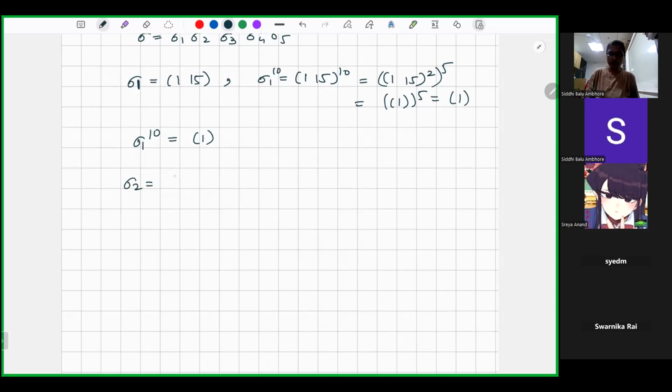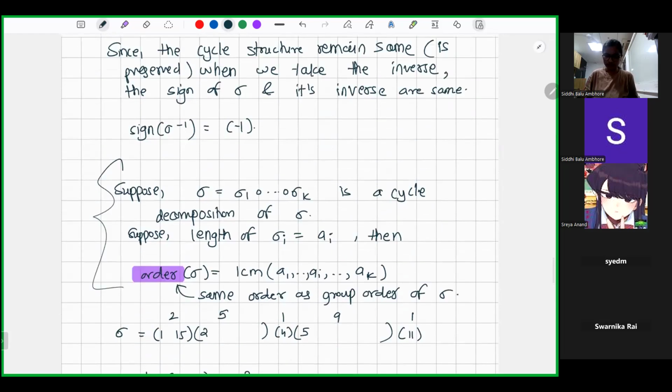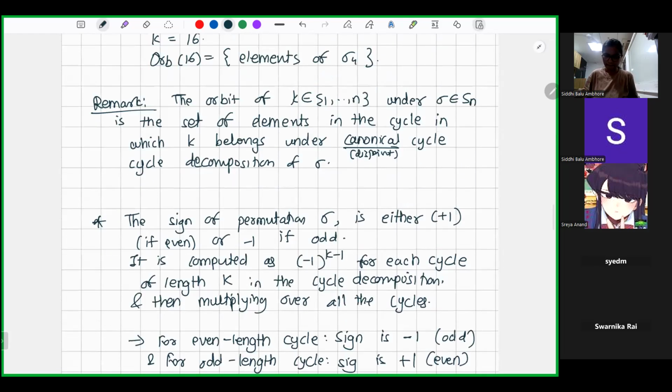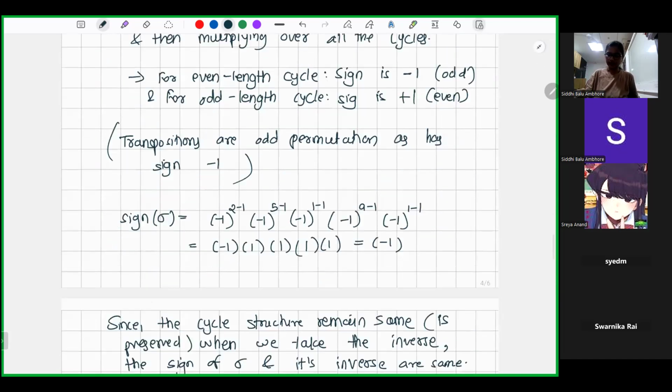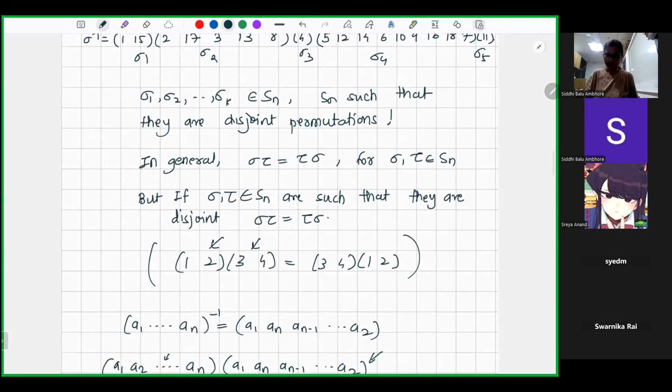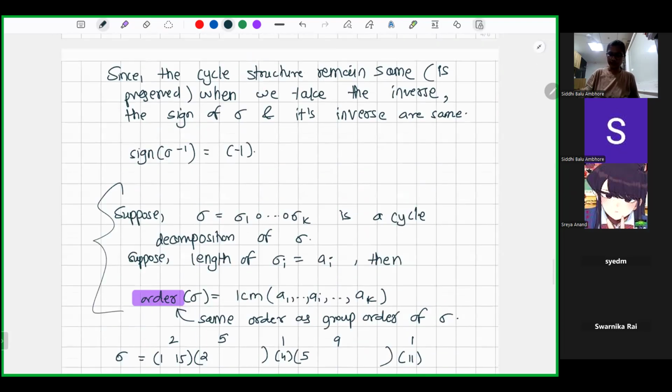Now sigma 2 is my 5 cycle. It was 2 8 13 17 28, right?